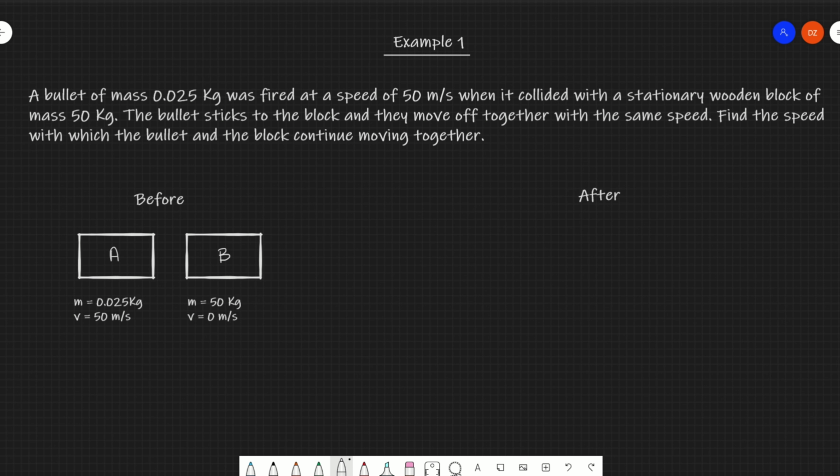That indicates that you have a case of an inelastic collision, and therefore after collision you're going to have the two bodies combined as one.